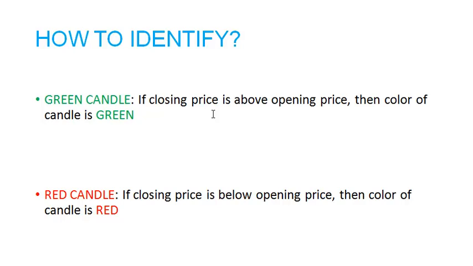A red candle is a candle where the closing price is below the opening price, which means the price opened in the morning and then, because of a certain reason, a sell-off happened in the market, and the price went down. So for a green candle, the closing is higher than the opening. For a red candle, the opening is higher than the closing.